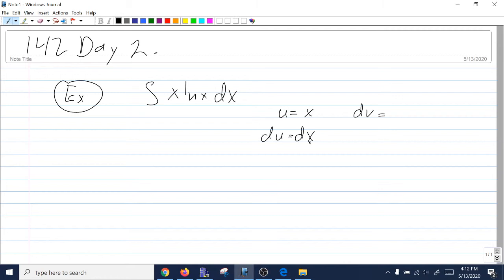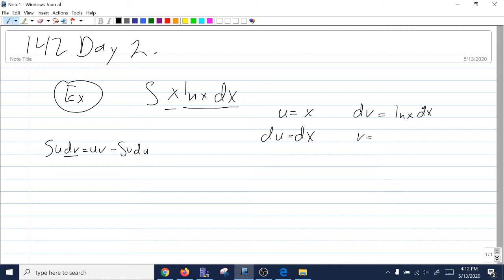The x goes away, and the new integral will be simpler. The integral by parts is integral u dv equals uv minus integral v du. If u is x, then dv must be everything else, so that's natural log x dx.